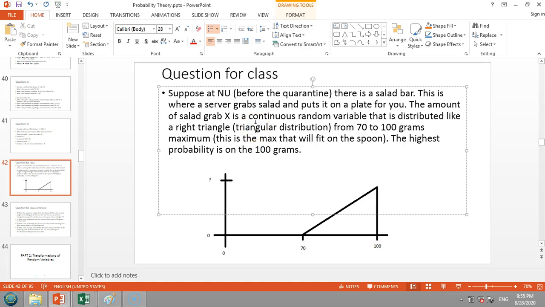This is also known as a triangular distribution, between 70 and 100 grams maximum. This is the max that will fit on the spoon. So basically, the highest probability is at 100 grams.